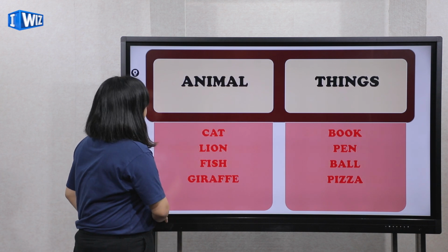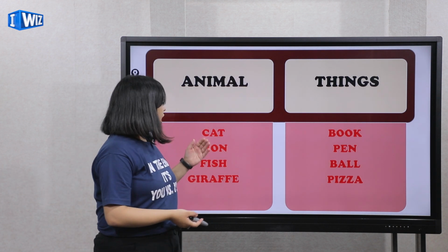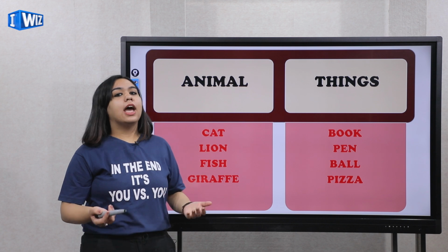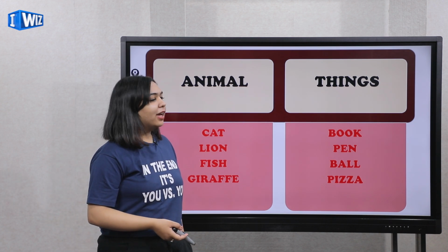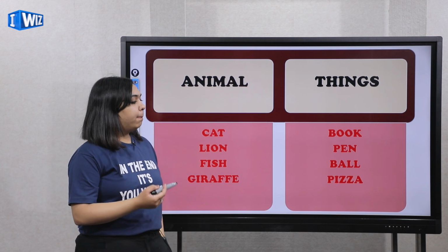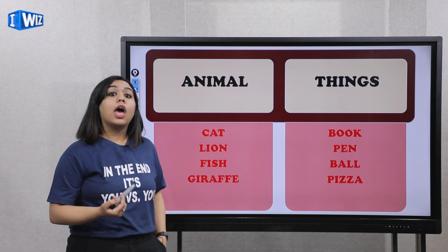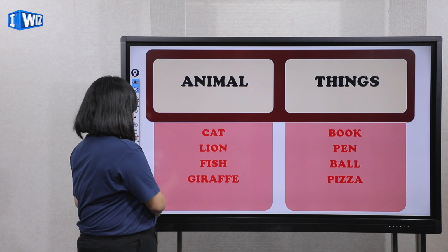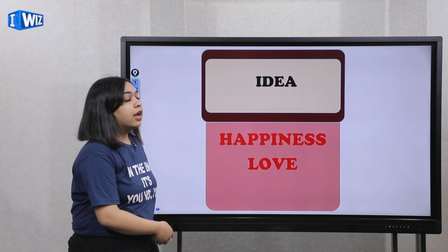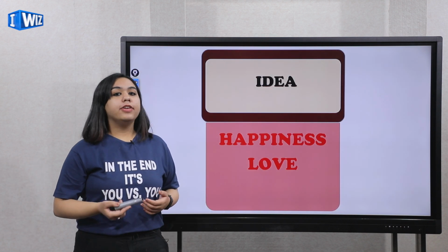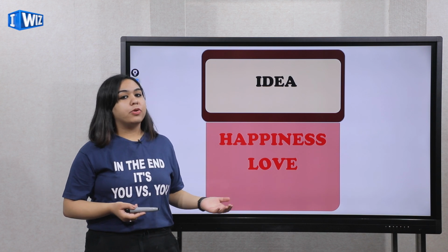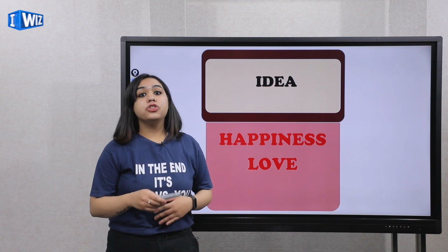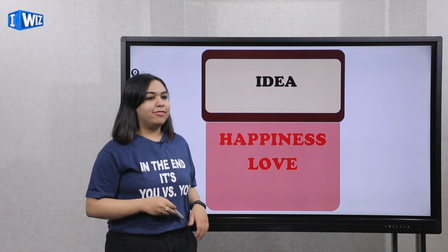Next is animal: cat, lion, fish, giraffe. Any animal, naming words again. Things: book, pen, ball, pizza, camera, board. Now we were talking about ideas or feelings. Such examples would be happiness and love, which you cannot really touch but you can feel.